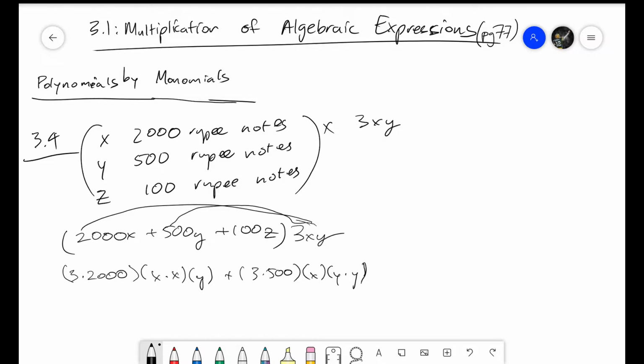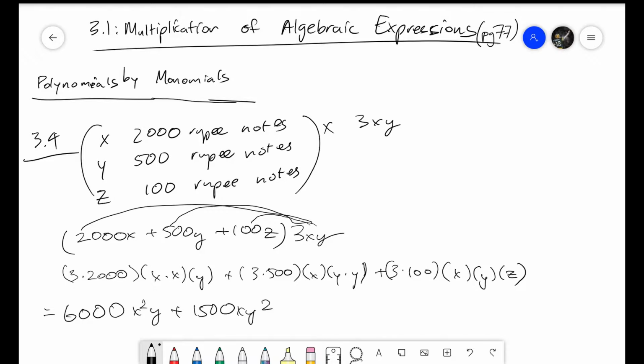And the final one is the product of these two, which is 3 times 100 times x times y times z. This is equal to 6,000 x squared y plus 1,500 xy squared plus 300 xyz.